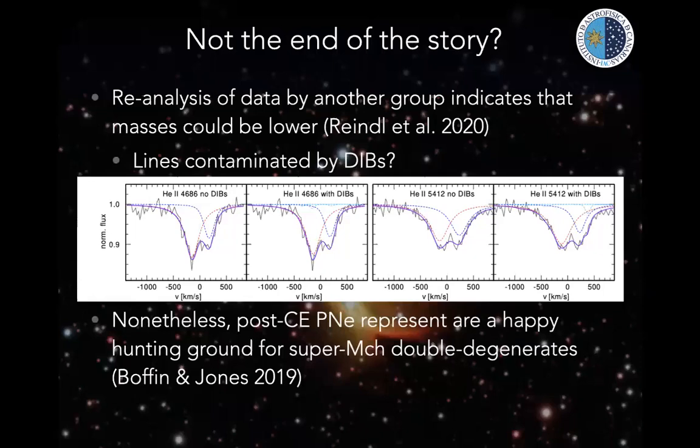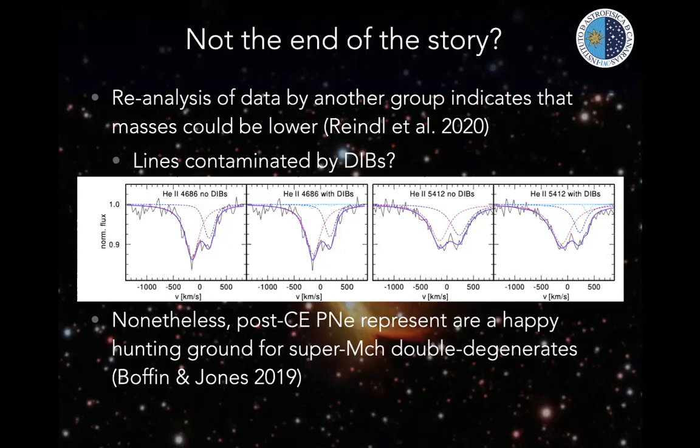But we are nice enough, or perhaps stupid enough, to have shared our data with another group following the publication of our paper, and they reanalyzed our spectra. And the spectra are key in all of this, because it's the spectra that give you the radial velocities, and it's the radial velocities which tell you the masses of the two stars.